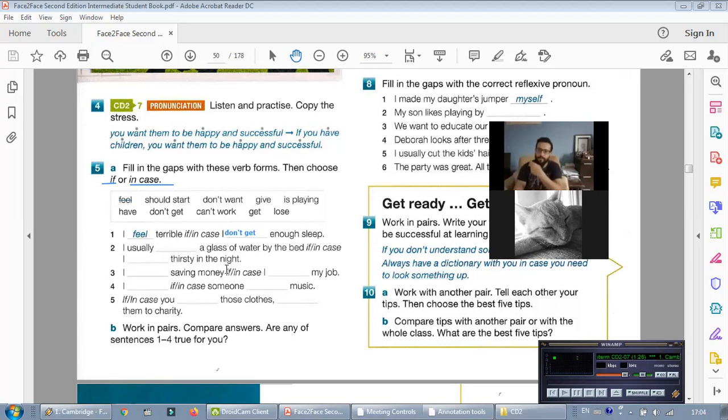And number 2. Usually. Yes. And let's cross out don't get. We used it, we won't need it. I usually have a glass of water by my bed.